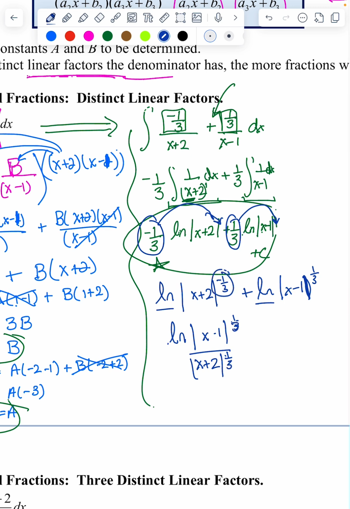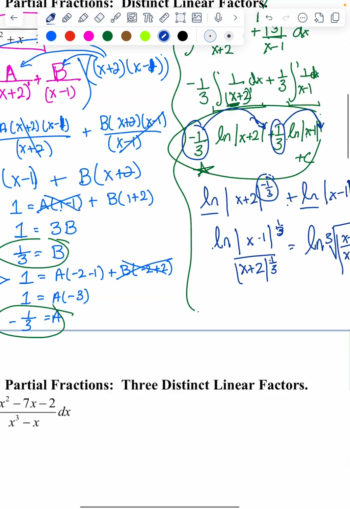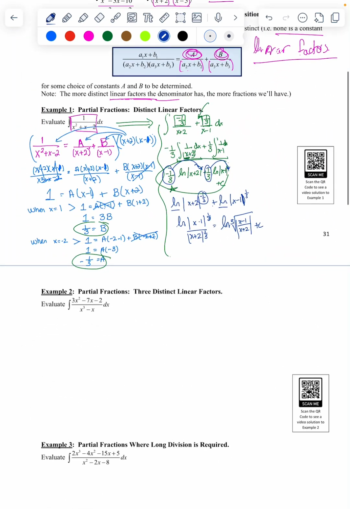Made that a positive by taking it to the denominator. Okay, and the last step is it just becomes the cube root. So ln of the cube root of x minus 1 over x plus 2, plus c. Okay, so different ways of seeing it as a multiple choice.